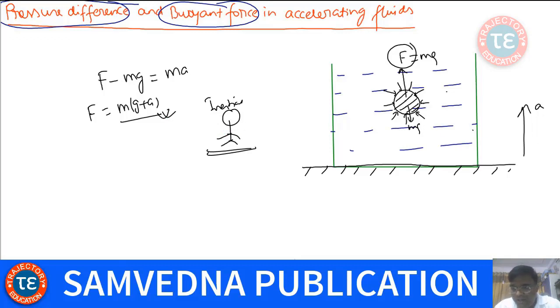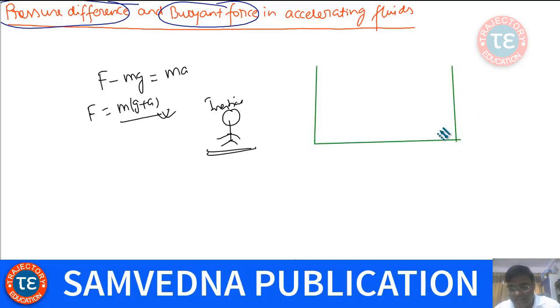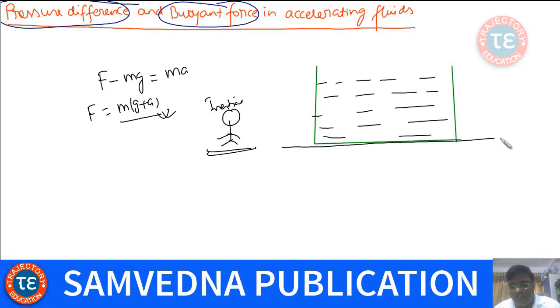All right, getting the point? There is one very famous question which usually comes: if you have a beaker like this and we have the liquid over here, the upper layer of the liquid is completely horizontal.